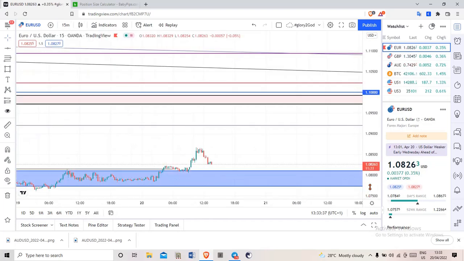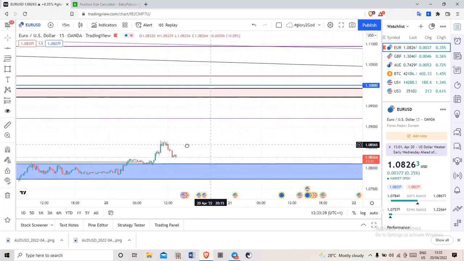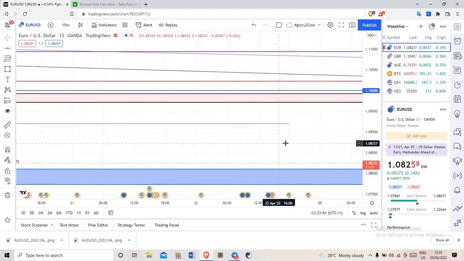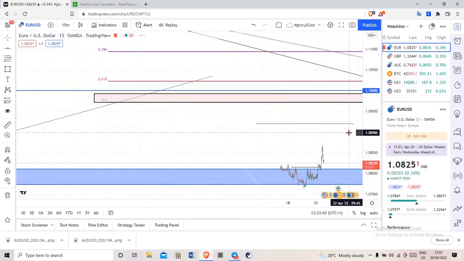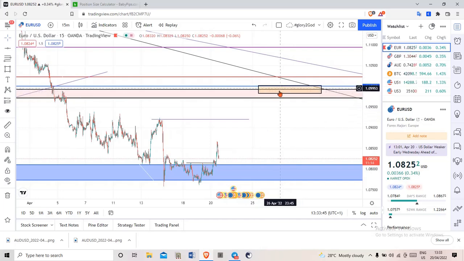What am I doing on the 15 minutes time frame? On the 15 minutes time frame, I'm actually watching out for price. I want to see how price reacts here. When I get 3 to 4 rejections in this box, price not closing above this box, that is where I'll make my entry.